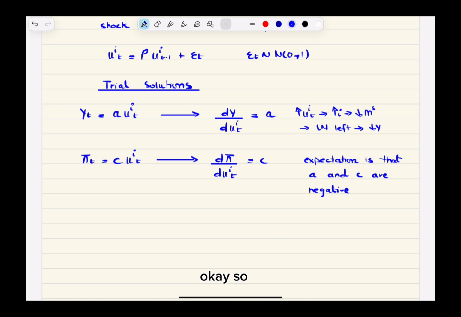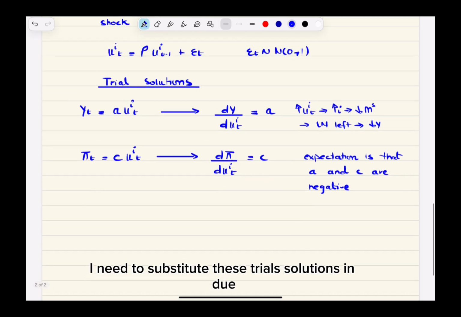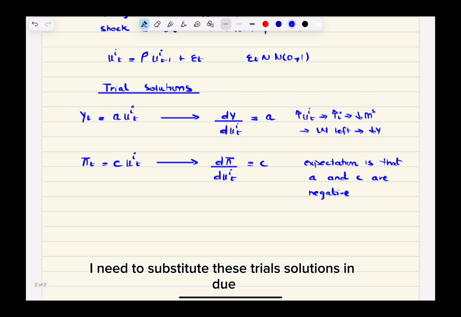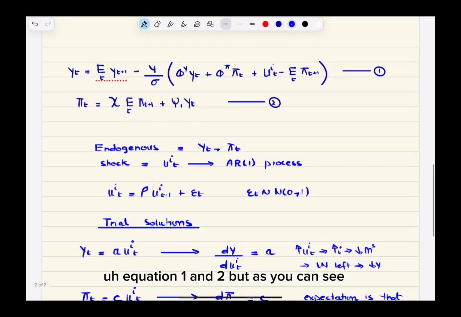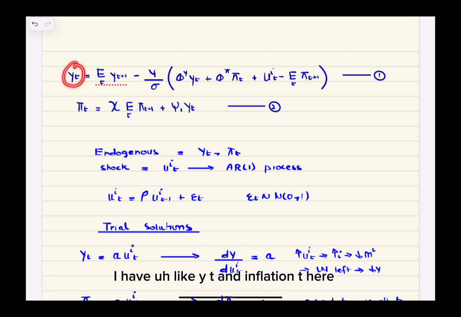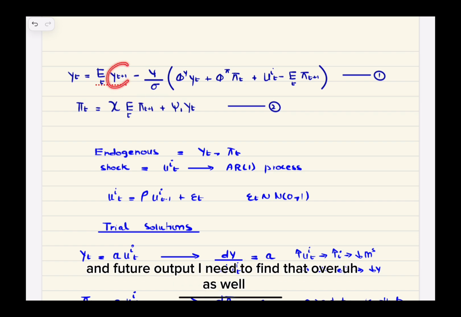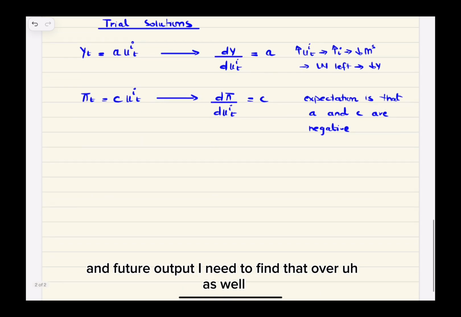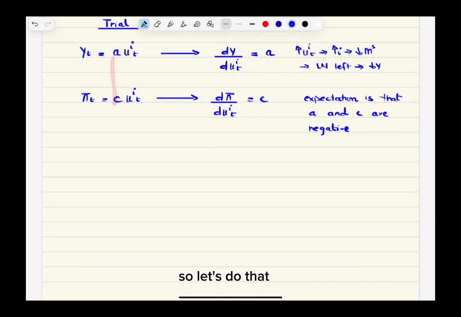Okay, so now that we've found these trial solutions, I need to substitute them into equation 1 and 2. But as you can see, I have y_t and inflation_t here, but I also have the expected value of future inflation and future output. I need to find that as well. So let's do that.